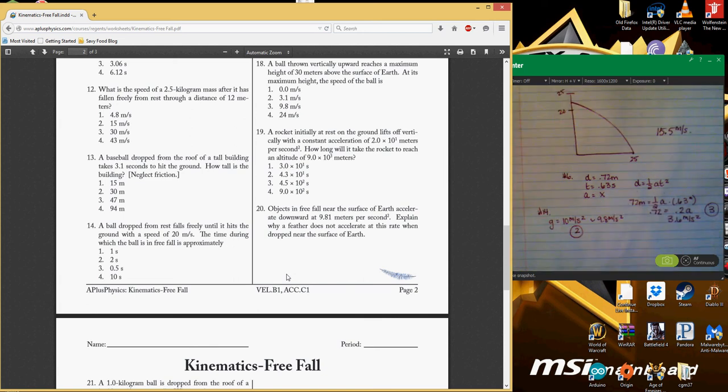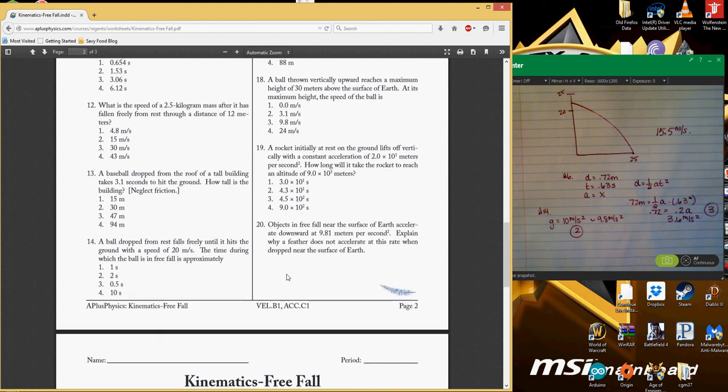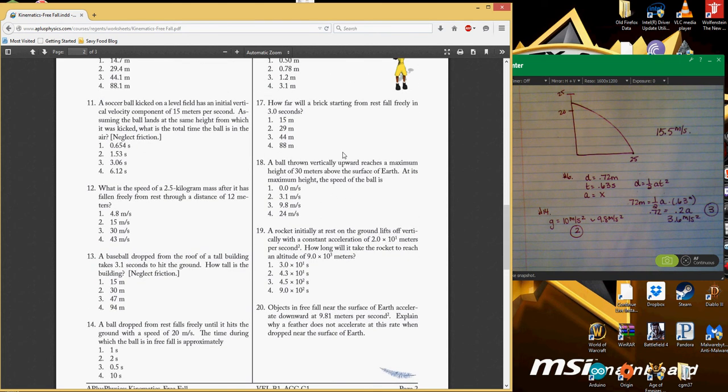So for 14, you have to know that gravity is 10 meters per second squared, aka 9.8 meters per second squared, that means that for every second that passes, it gets 10 meters per second faster. So if it has a speed of 20 meters per second, that means that it was falling for a total of 2 seconds. So your answer should be 2.